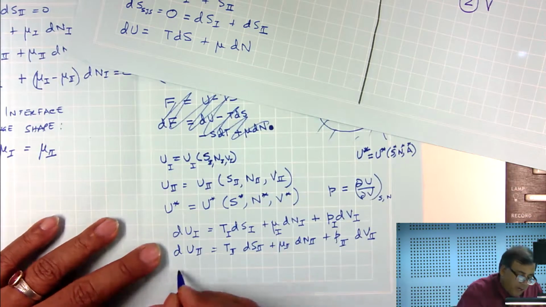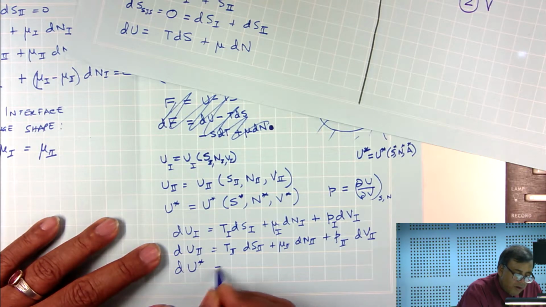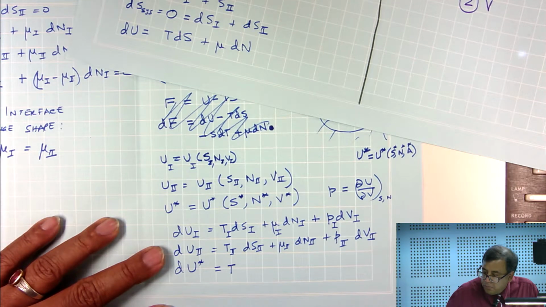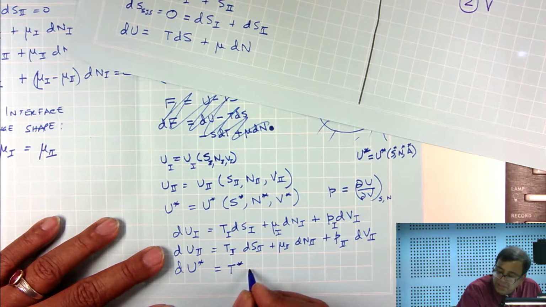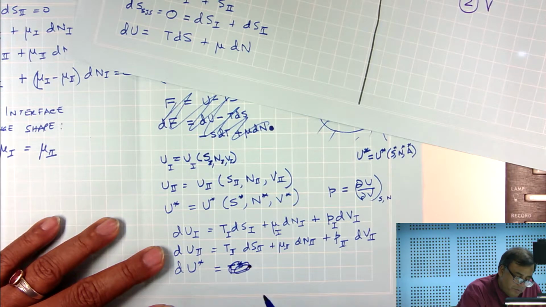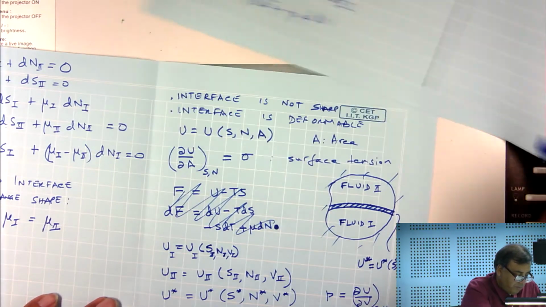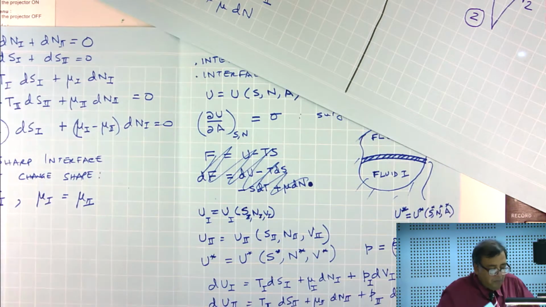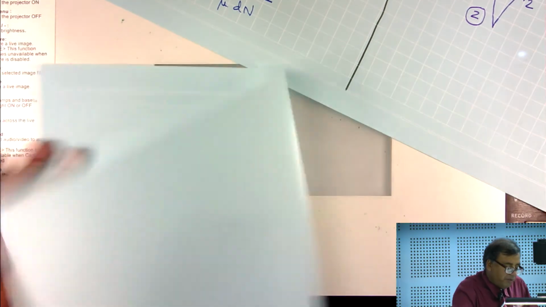and then I will write a dU star which will be equal to T star, I am sorry, I wrote it in the wrong way. Let us do it fresh.